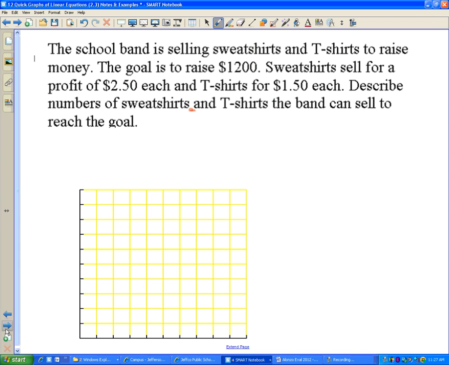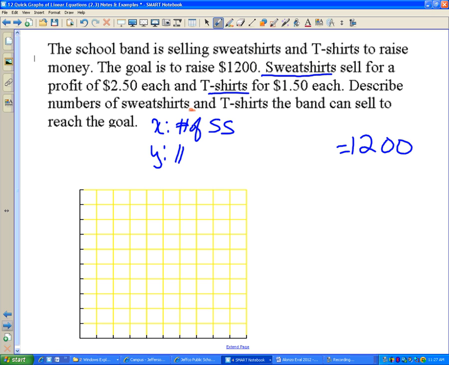Whenever this happens, realize I have a goal, $1,200. How do I get to $1,200? Well, I have to sell sweatshirts and t-shirts. My sweatshirts, I'm not good at S's, so I'm going to use X, the number of sweatshirts.